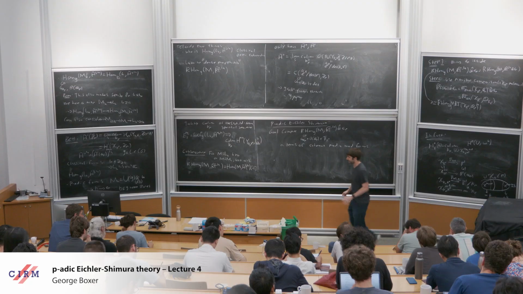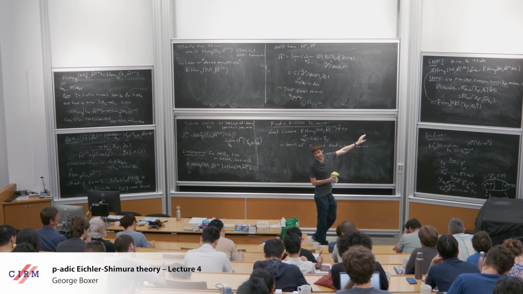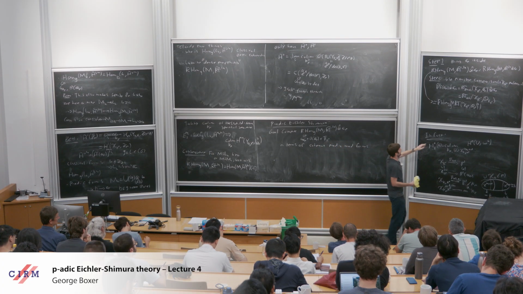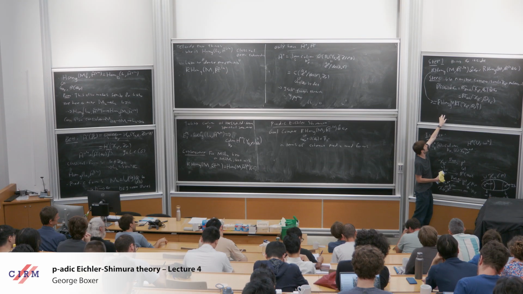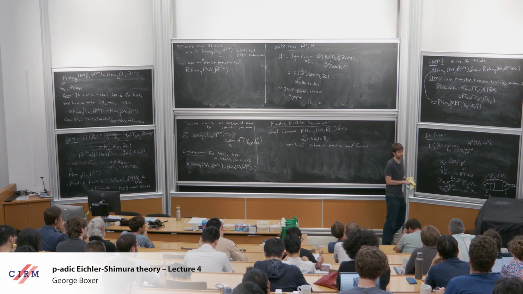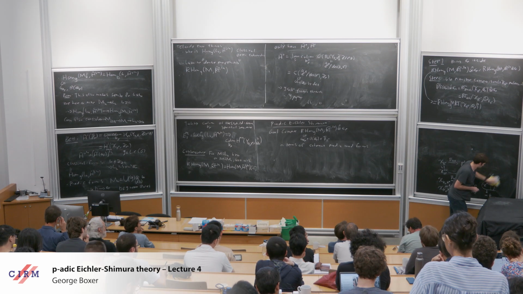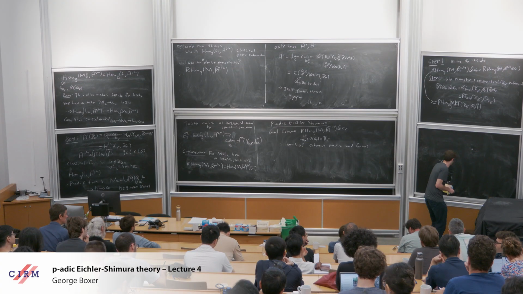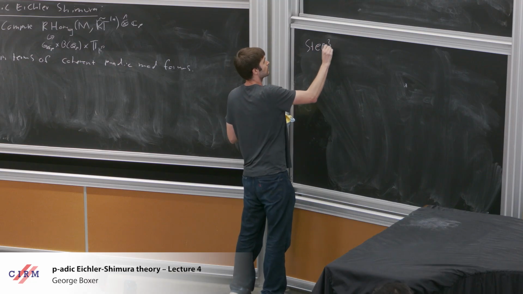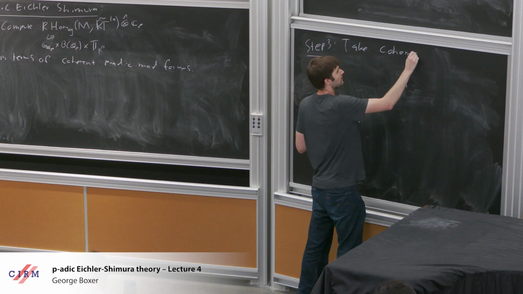Okay, so the next thing to do is to observe that taking cohomology is a very violent thing to do. And so what we're going to try to do is do the other things first. So we're taking this locally analytic vectors and we're taking this Lie algebra cohomology. So step 3 is to take cohomology last.